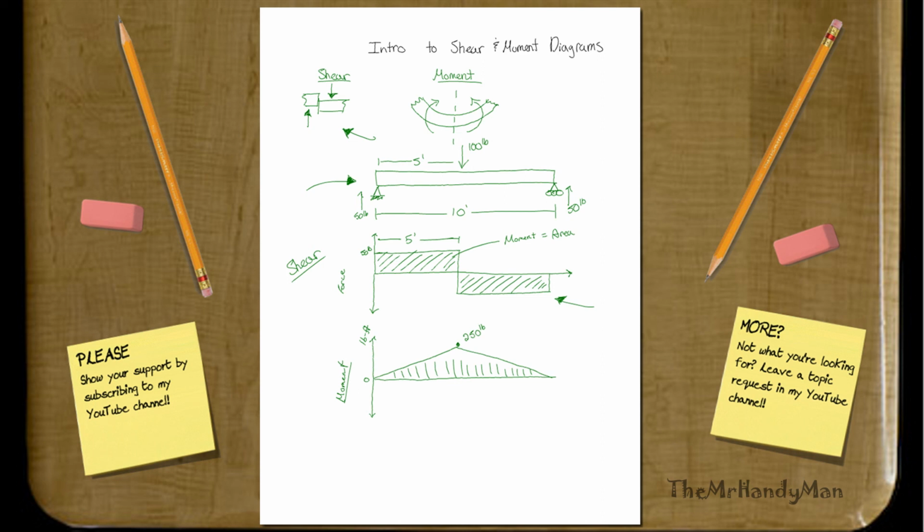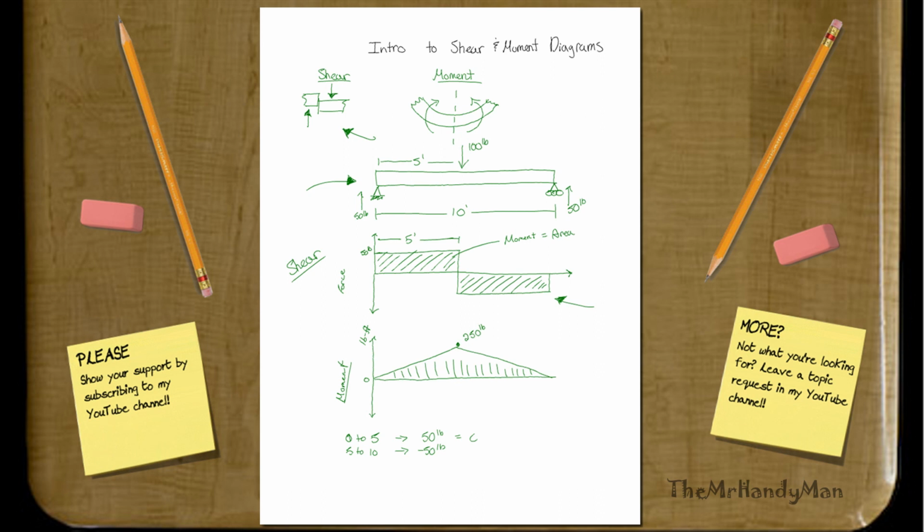It's basically saying from 0 to 5, it is 50 pounds, and from 5 to 10, it's negative 50 pounds. That's what the graph is saying. How can we write that? Well, it's like a constant, right?